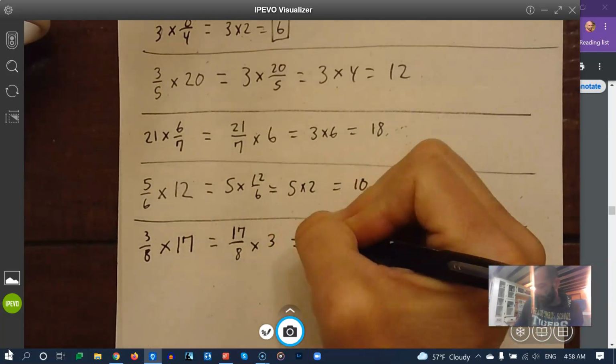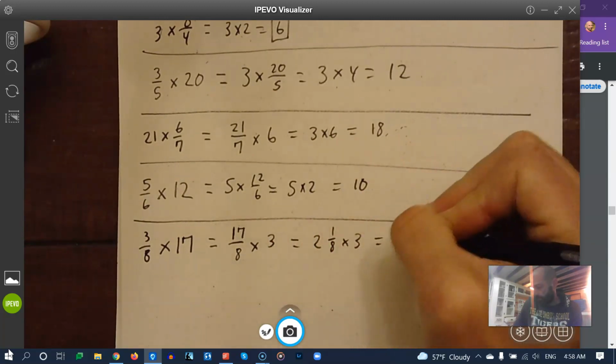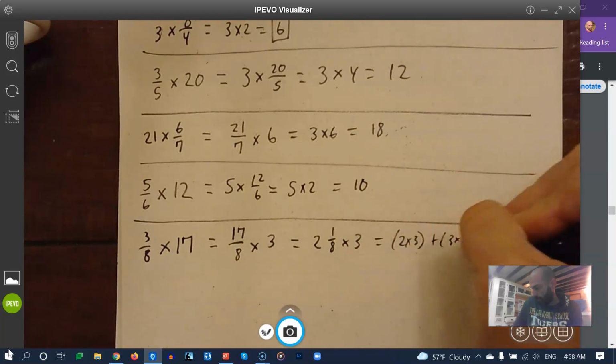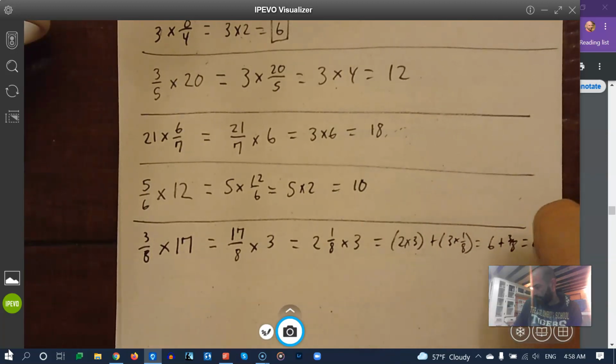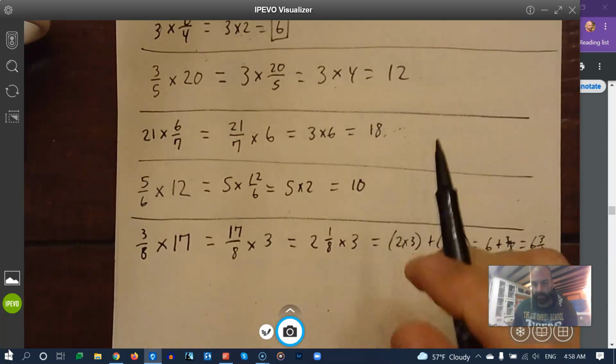So we can turn that into 2 and 1/8 times 3, which is 2 times 3 plus 3 times 1/8, which is equal to 6 plus 3/8, which is equal to 6 and 3/8. So it still does work. This is something to think about each time you see a problem: is it simpler to change some numbers around and do the calculations?